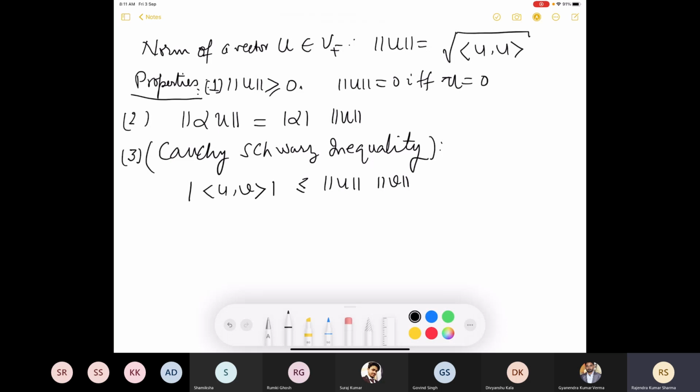So as an application of the Cauchy-Schwarz inequality, you can also use this to prove what is called the triangle inequality.